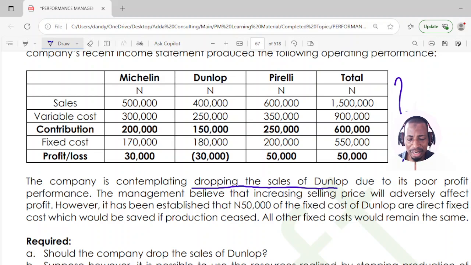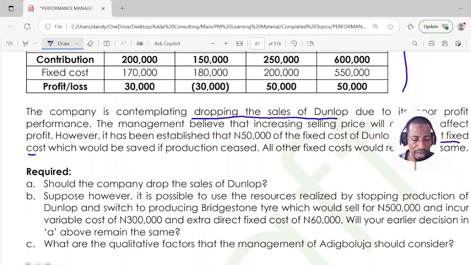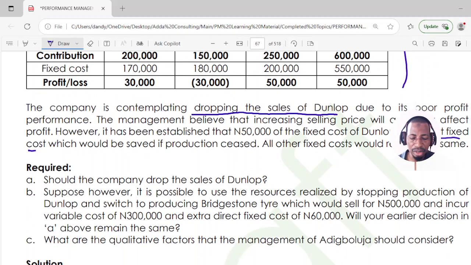However, it has been established that 50,000 of the fixed costs of Dunlop are direct fixed costs. Okay, direct fixed costs is a relevant cost, which will be saved if production ceased. All other fixed costs will remain the same. Required. Should the company drop the sale of Dunlop?